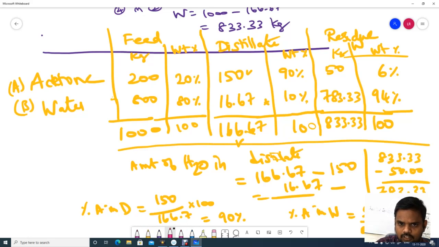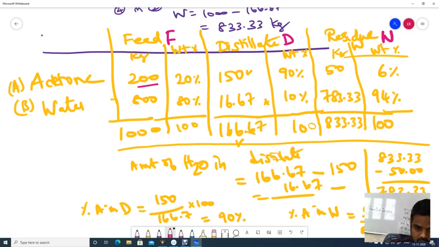So that is the composition table for feed F, distillate D, and residue W, which is what I asked in the question. Half of the data are given, and we have determined the unknown data. It is given that feed contains 20% acetone, 80% water, so the amount of acetone in the feed is 200, and the residue contains 50 kg of acetone.